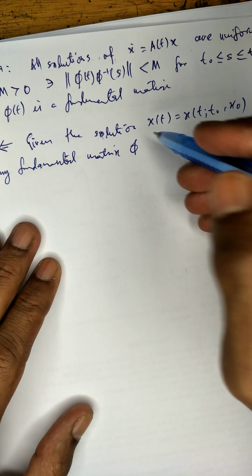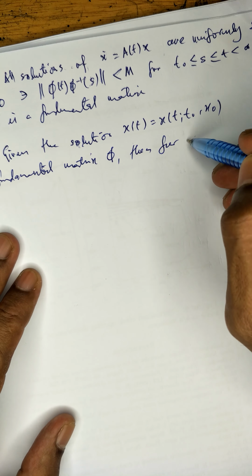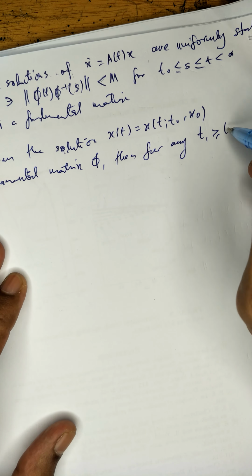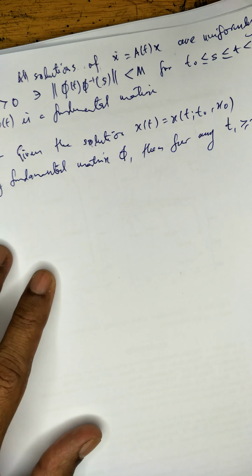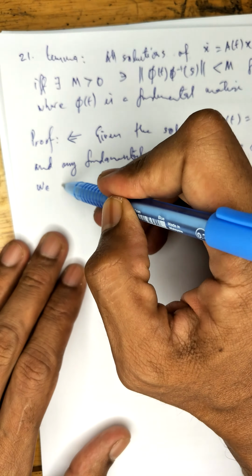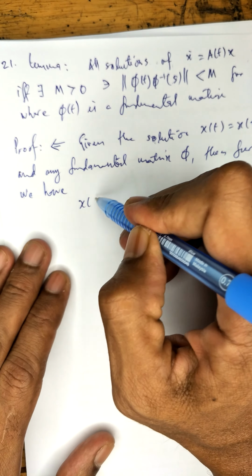then for any t1 greater than t naught, we have x(t) equal to phi(t) phi inverse(t1) x(t1).